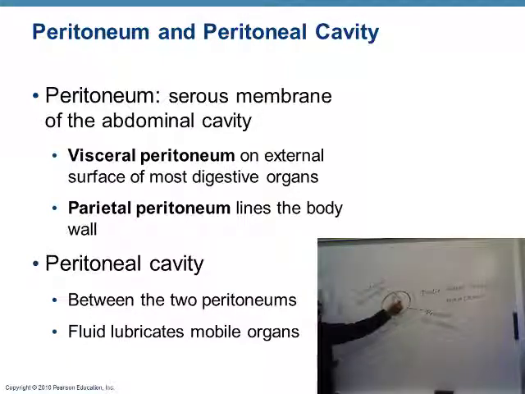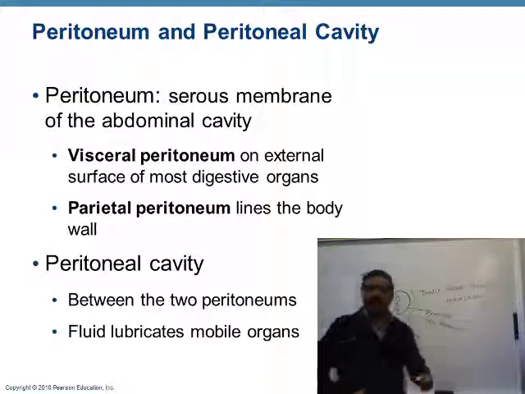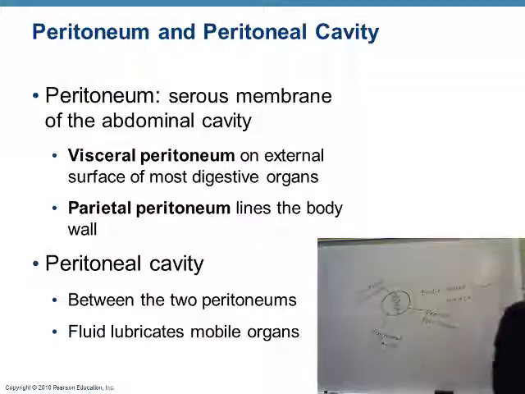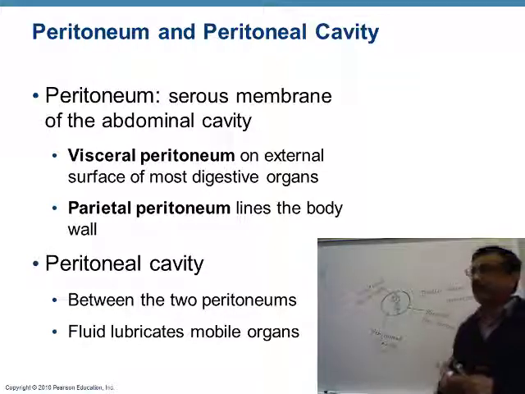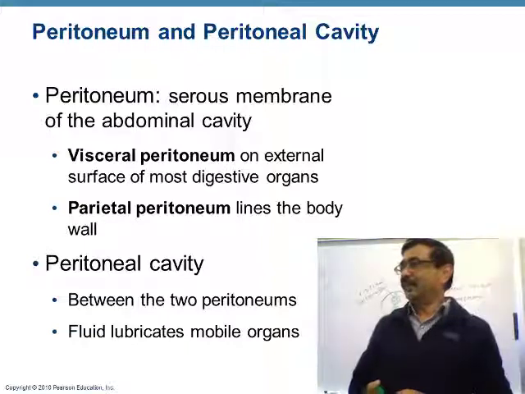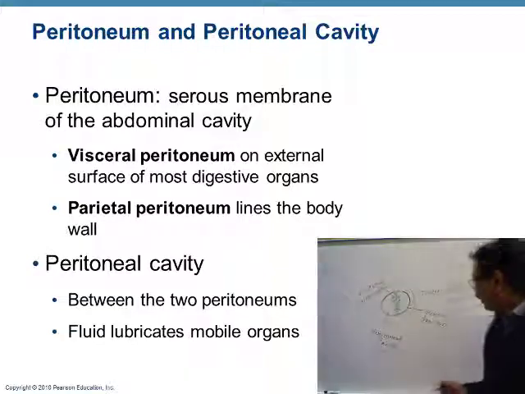Now the space between the parietal and visceral layers, this big space around the abdominal organs, is called the peritoneal cavity.